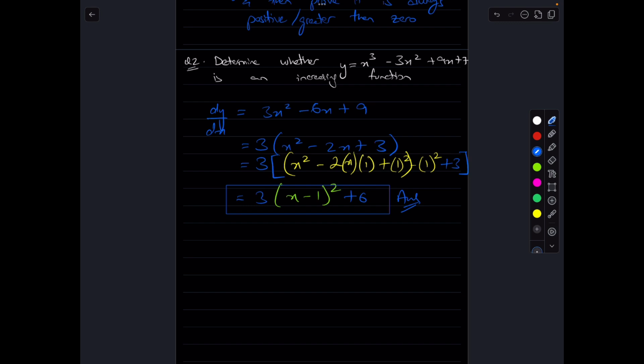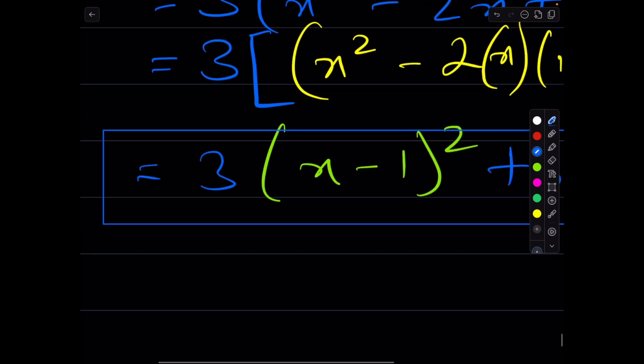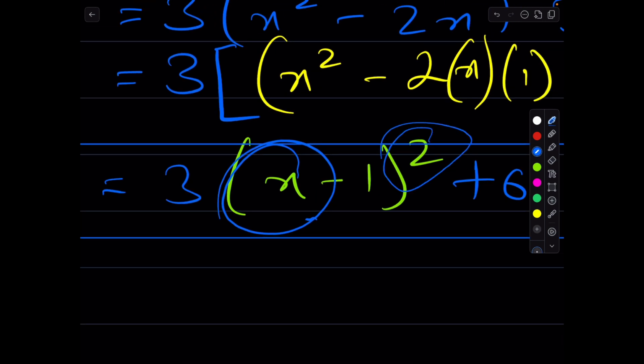Now note, if I substitute x as minus infinity, it's going to be positive because of the whole square here. And even if I substitute minus 1, it's going to turn out to be positive because of the whole square.